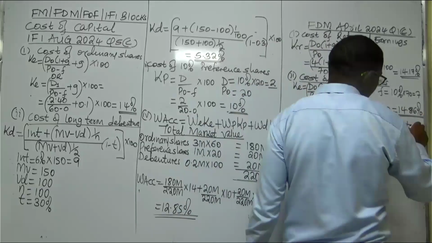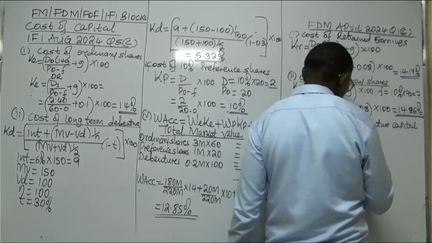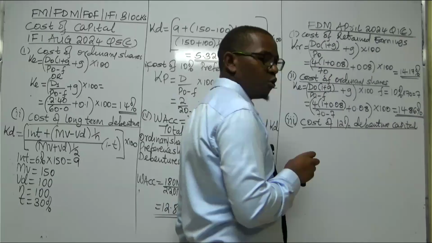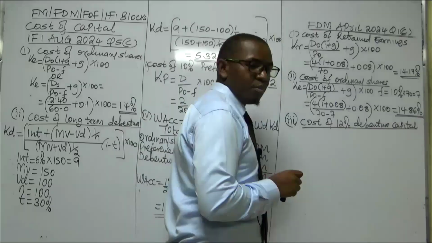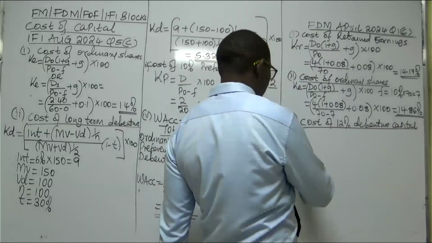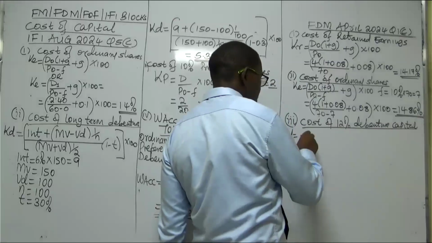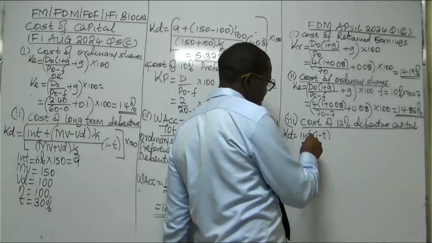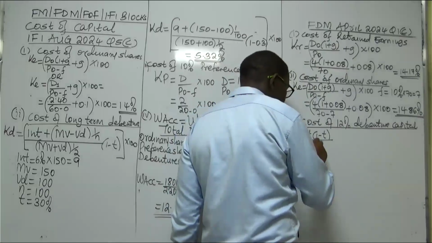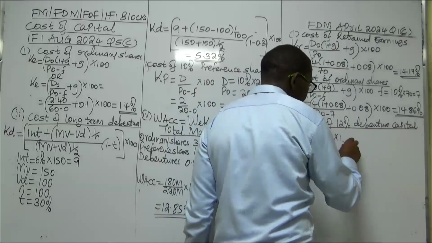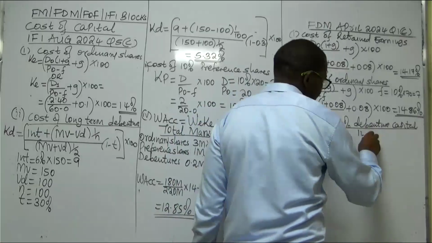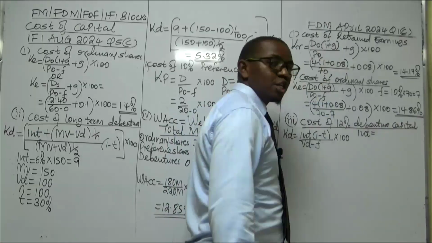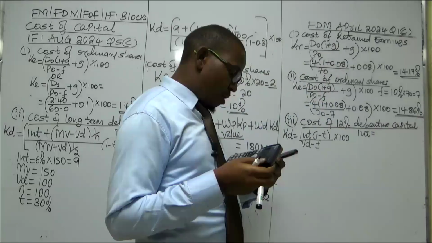Now for the debenture, this was an irredeemable debenture. And how do we get the cost of irredeemable debenture? The cost of irredeemable debenture should be given by interest times 1 minus the taxation, you divide by the value of debenture minus flotation cost, you multiply by 100. Interest per debenture should be given by how much?